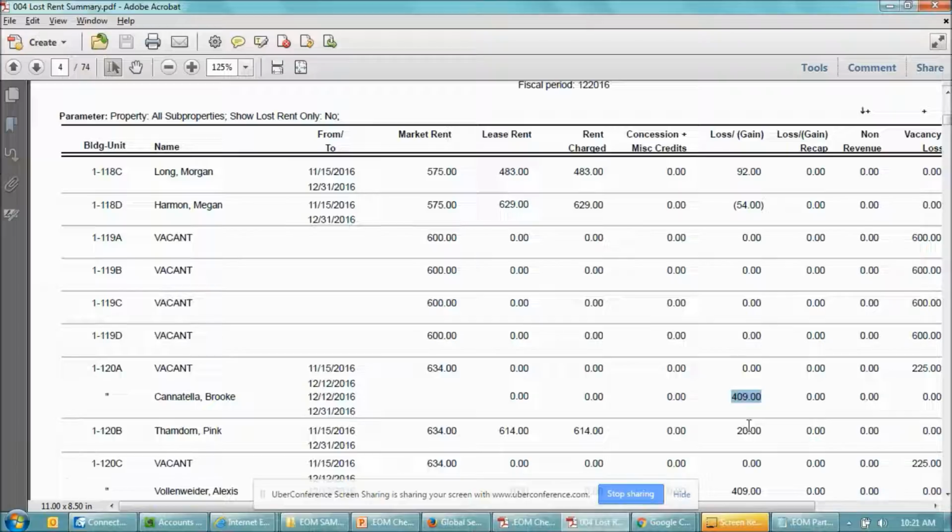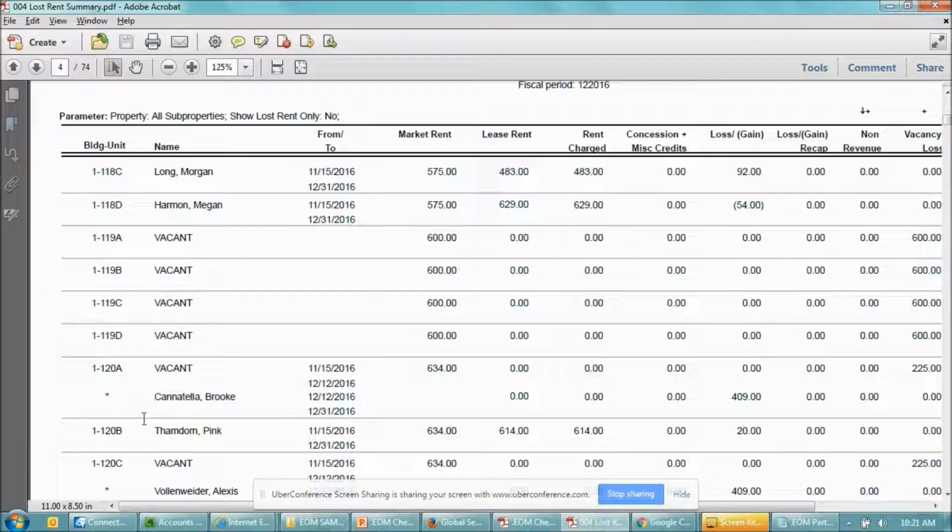Okay, so actually that's a loss. If you notice, the gain numbers are in parentheses. And this is a really good report for you guys. I want to touch a little bit on how important this report is, because it literally tells you every individual thing that happened on everybody's unit for the month. You see your market rents, you see the lease rent, which is what you guys enter in the scheduled billing area.